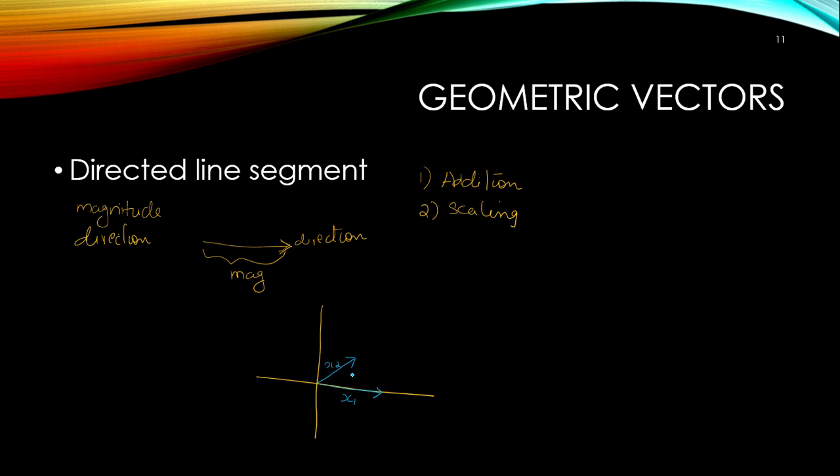How do we find the sum of them? We have to move x2 to the tip of x1.